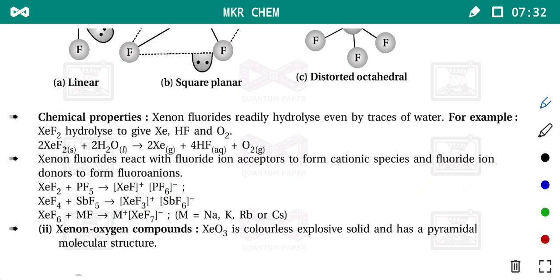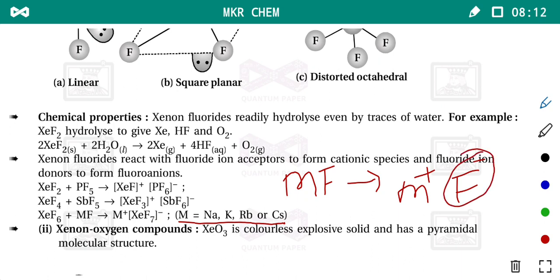Reverse reaction: xenon hexafluoride also works as a fluoride ion acceptor. When it reacts with a fluoride ion donor, it forms a fluoroanion, a negative ion. In the previous two reactions, XeF2 and XeF4 form positive ions. XeF6 accepts fluoride, so we take a metal fluoride. In a metal fluoride, generally the metal is of group 1, and it converts into M plus and F minus.